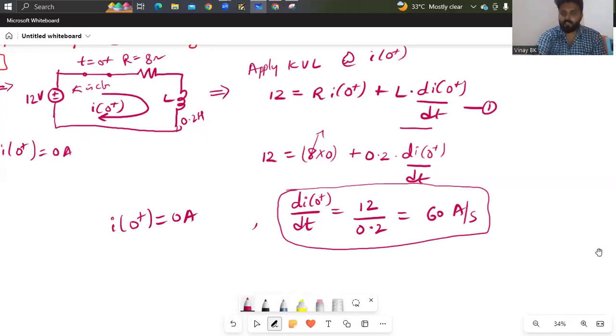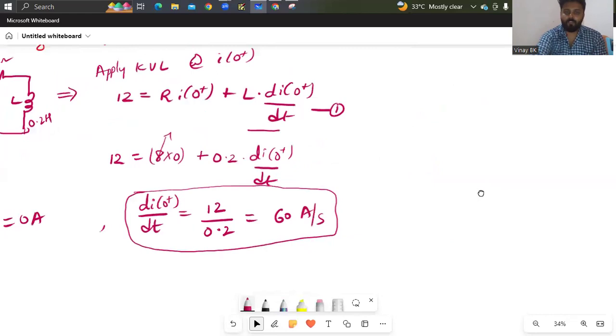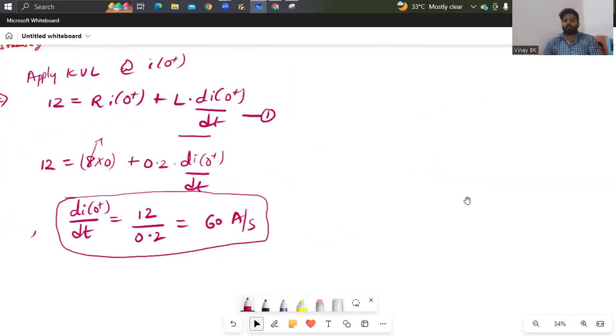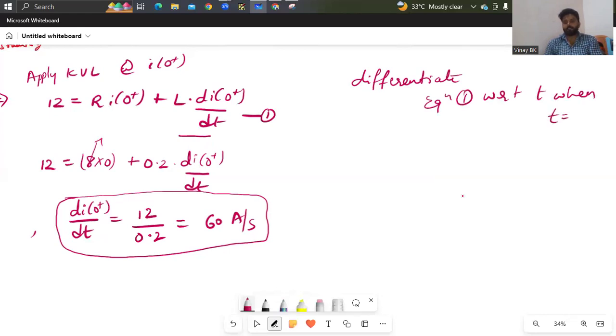Next, you need to find d square. If you want to get the double derivative, you just have to differentiate equation 1 with respect to t when t equals 0 plus, that is nothing but with respect to I of 0 plus.